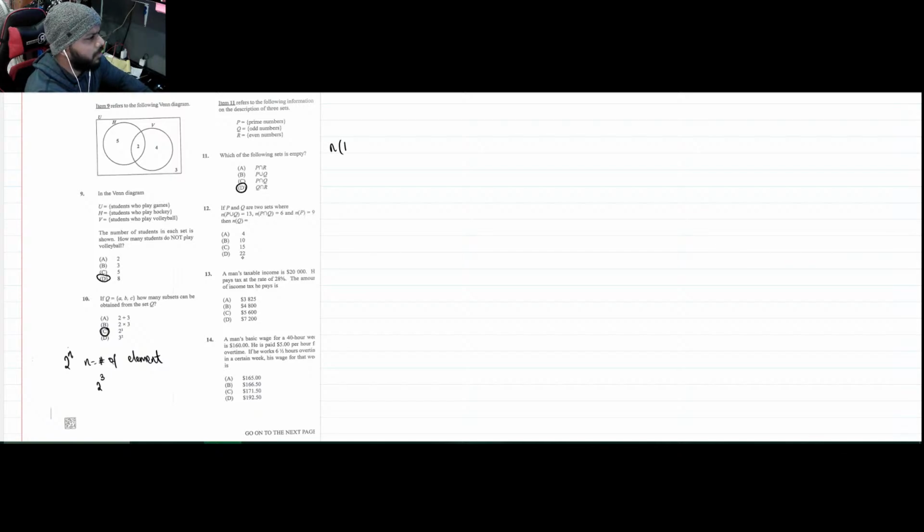The number of elements in P union Q is equal to the number of elements in P plus the number of elements in Q minus the number of elements in P intersect Q. If I make the number of elements of Q the subject of the formula, I send everything else to the other side. So I'm just going to put numbers here.